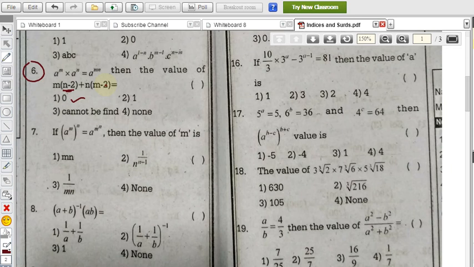Seventh also: a power m whole power n is equal to a power m power n is given. We need to find the value of m from this.